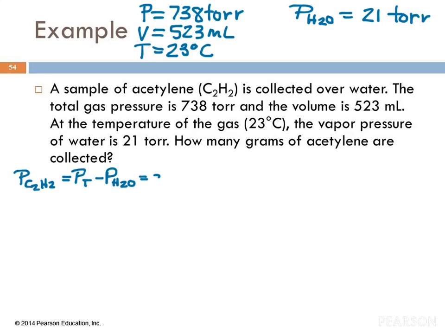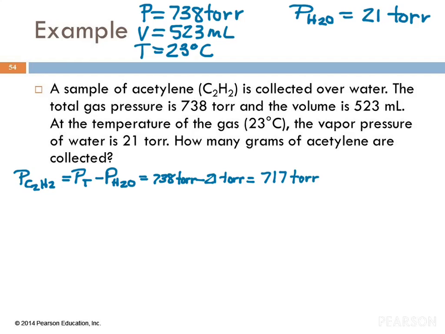So we've got 738 torr minus 21 torr, 717 torr, right? So that's the pressure of the gas.